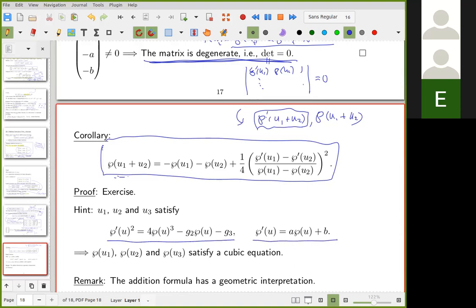We have such an expression for P prime, of course, for u1, u2, and u3. So by substituting this expression here, we have some cubic equation for P.